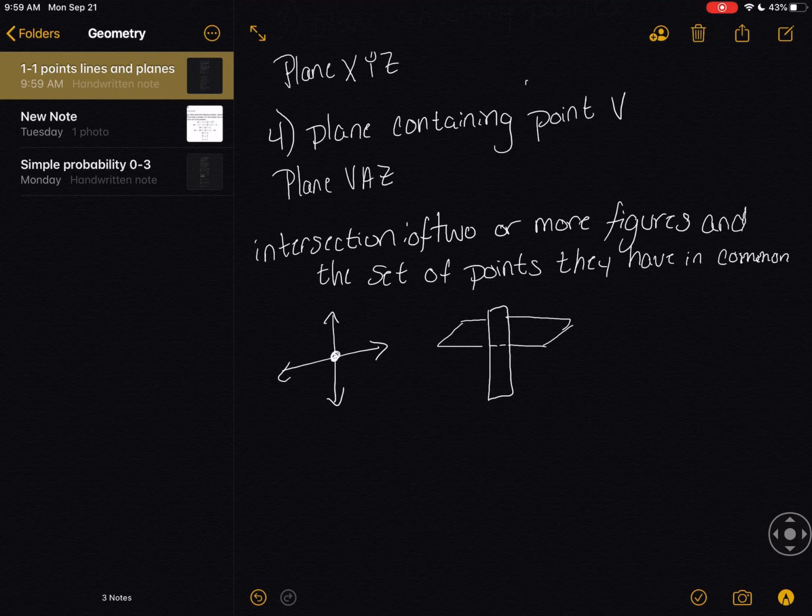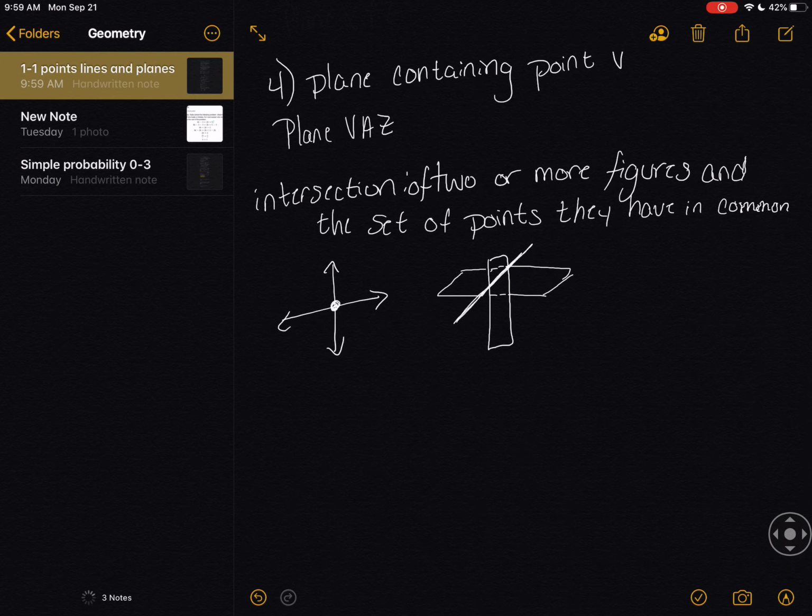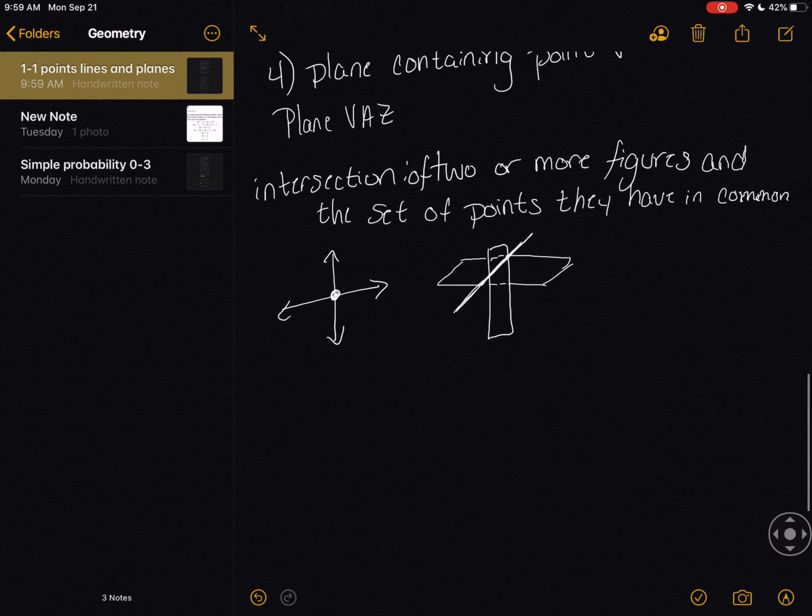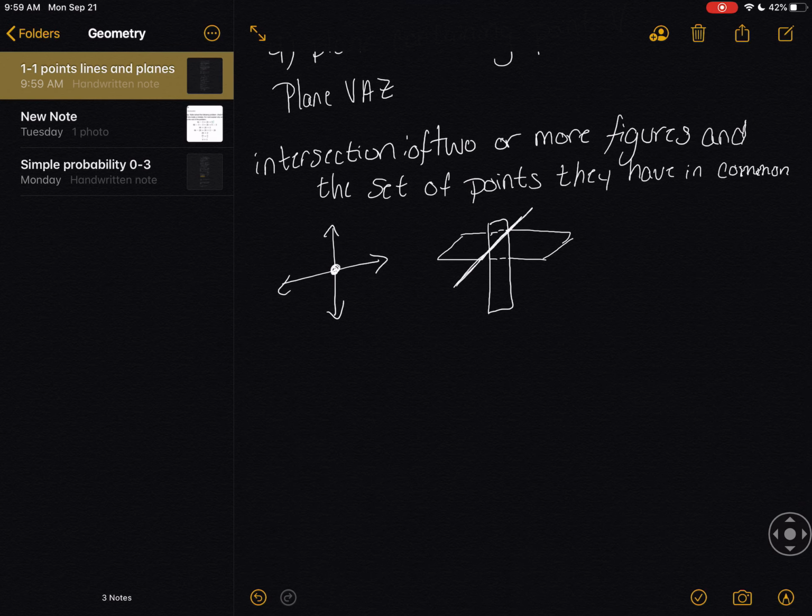So then they would end up having this line right here, and that line would be the points they have in common. The book has a really nice picture, but I am not a great artist, so it looks kind of crappy when I draw. So that would be the intersections.